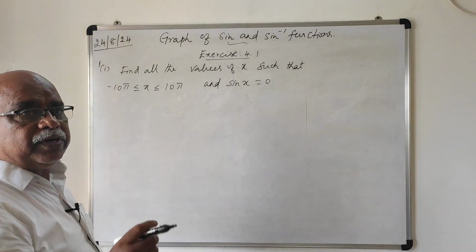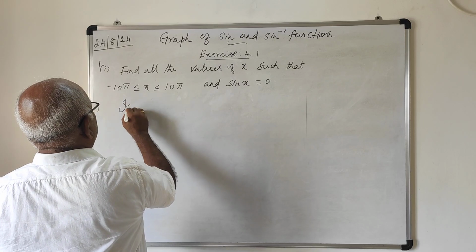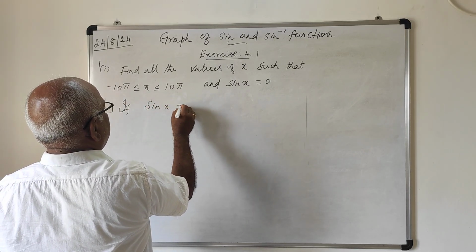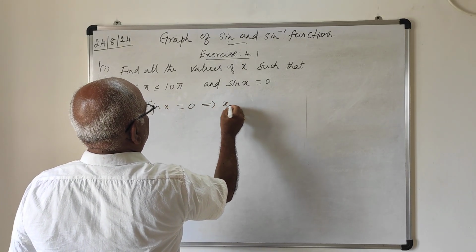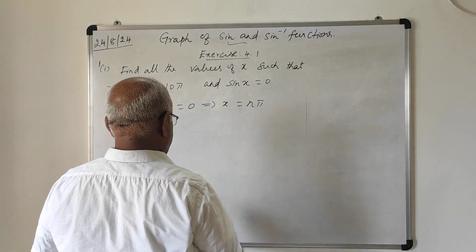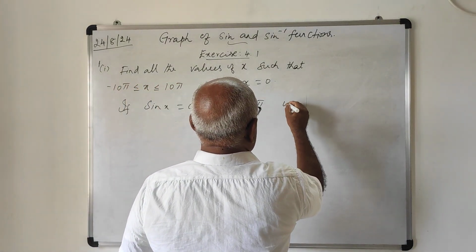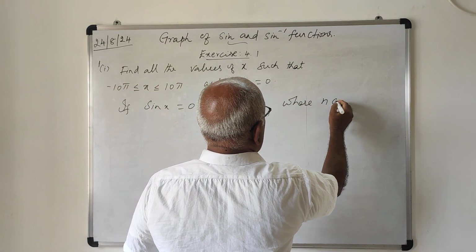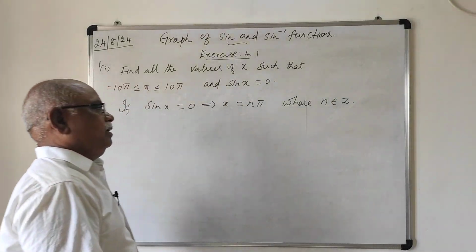We know from trigonometric equations, if sin x equal to 0 implies x equal to n pi, where n belongs to the integers. That is the solution.